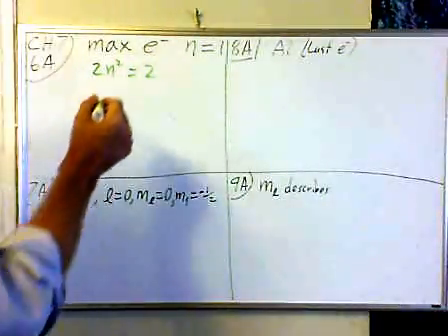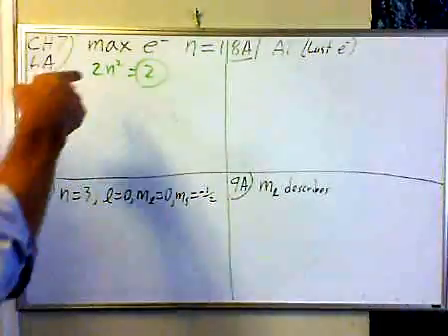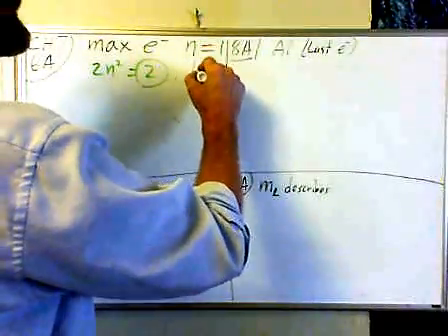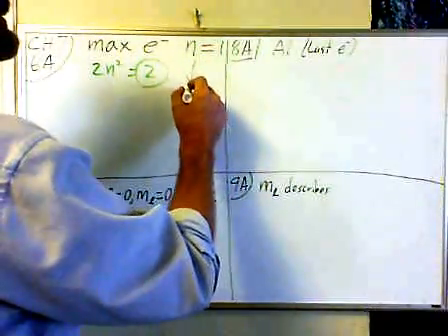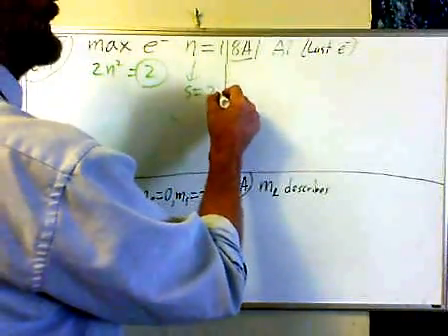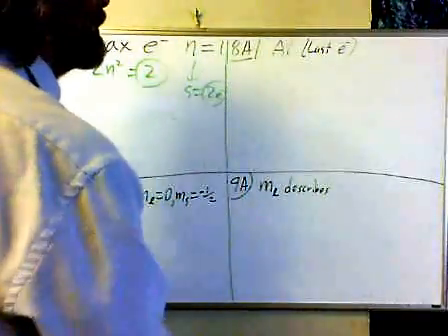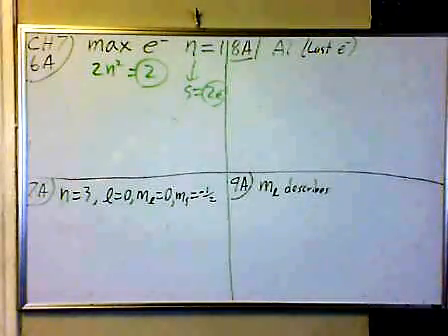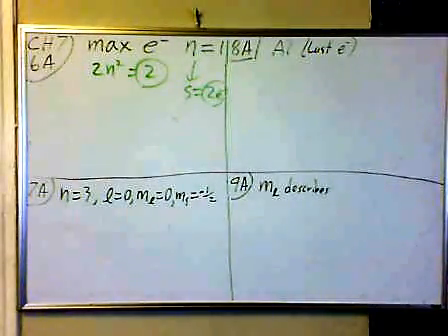So the maximum number of electrons is 2. The other way is that n equals 1 means we only have 1 sublevel, s, and s holds 2 electrons. So we have 2 electrons, whether we use 2n squared or look at the number of sublevels that are available.